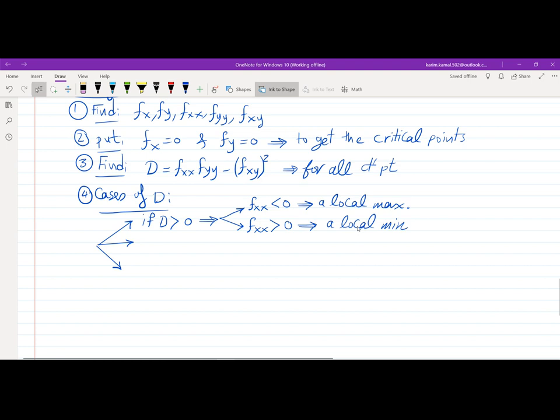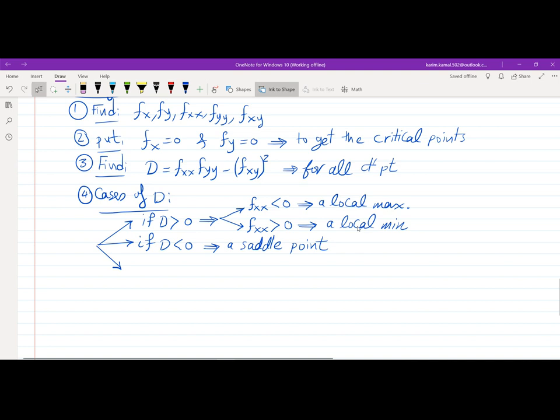Second case, if D is less than 0, we say that the function has a saddle point, which is neither maximum nor minimum. We call it a saddle point.